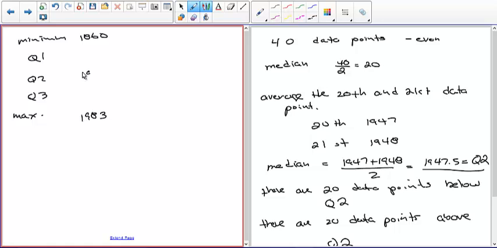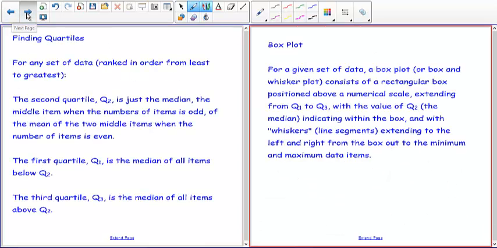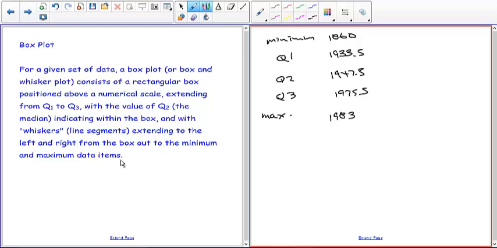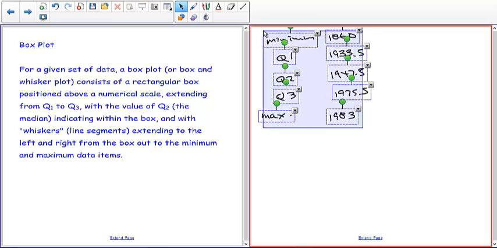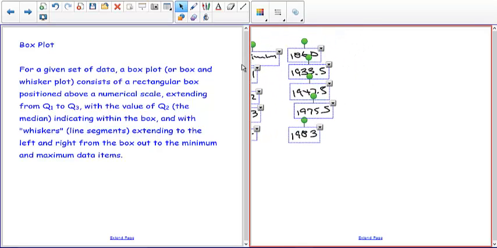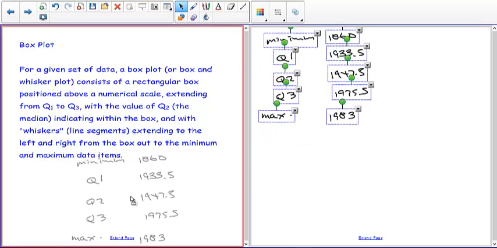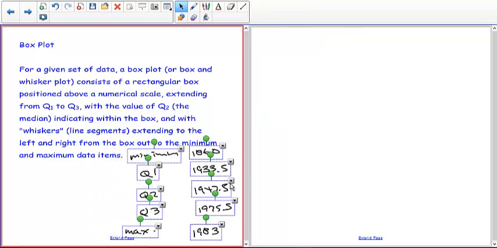Q2 was 1947.5. What was Q1? 1933.5. Okay, so that's the information. Actually, I'm going to move this to the other side so I can have more space to draw my box plot. So there's my data.